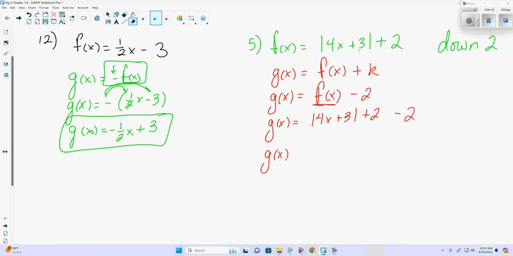And then we can combine like terms. The absolute value of 4x plus 3 is still going to be that. We can't move anything inside of it. But we do have a positive 2 minus 2 on the outside, yes? So just the absolute value of 4x plus 3. That's it.